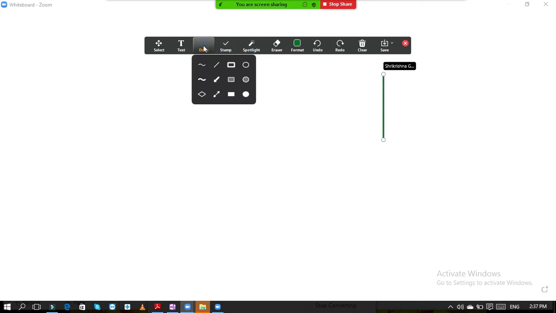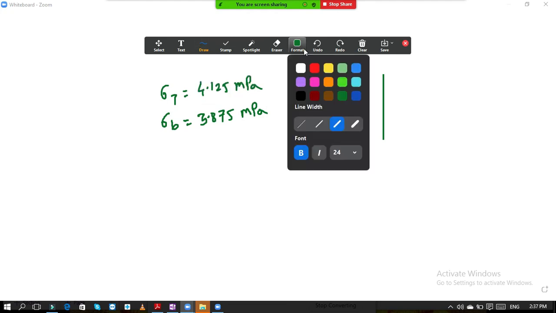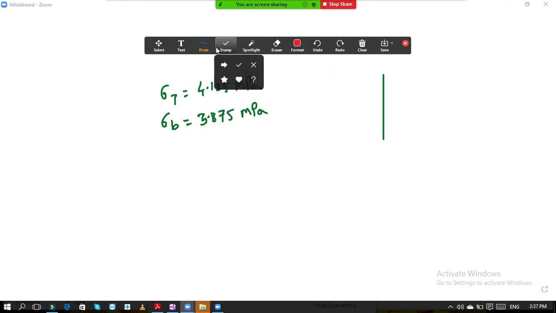The value of your sigma t is 4.125 Newton per mm square, and sigma b, bottom, is 3.875 Newton per mm square, that is MPa. Both the values are positive. We haven't got a negative answer.